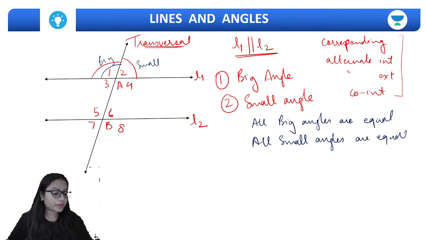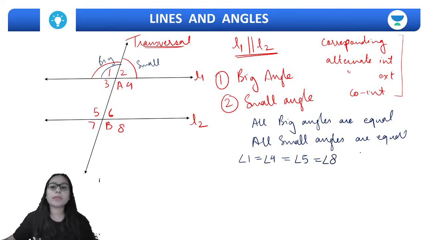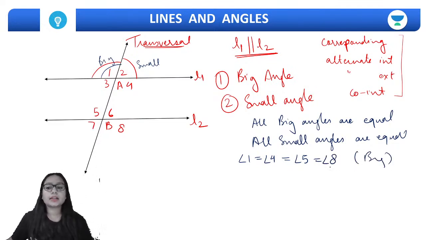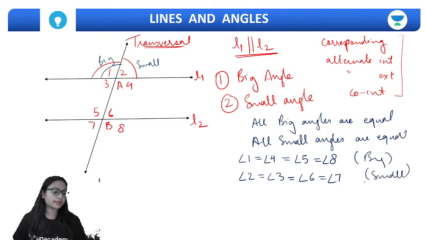So from these two statements, I can say that angle 1 is equal to angle 4 is equal to angle 5 is equal to angle 8, as they all are big angles. Similarly, angle 2 is equal to angle 3 is equal to angle 6 is equal to angle 7, as all are small angles. Easy way to remember this.